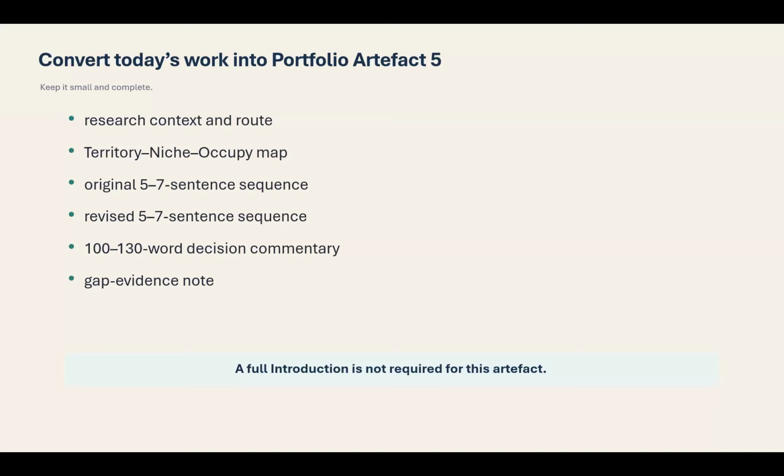When we answer step by step, questions like territory, niche, and what the readers should first understand, it made it easier to draft the five to six sentence opening sequence. I think it's a really good approach, and it also made me think really hard.